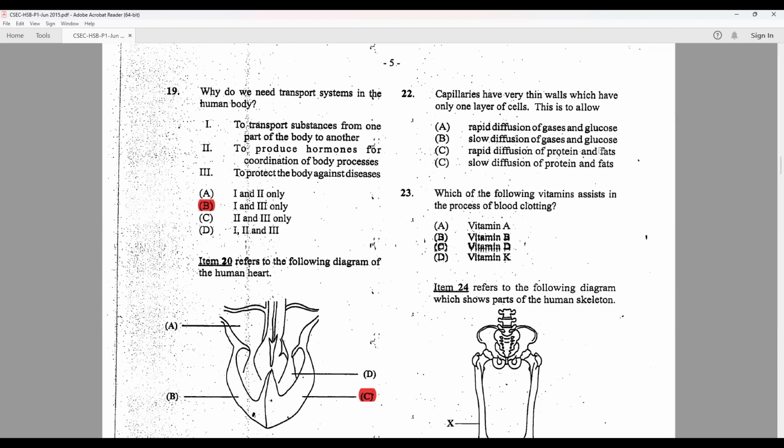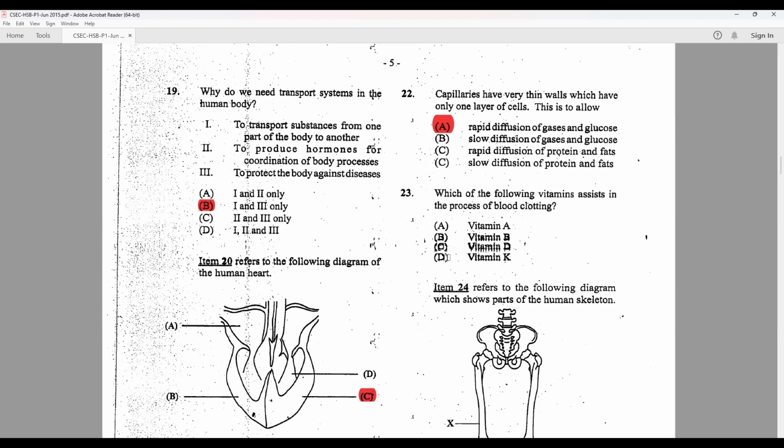Fatty acids and glycerol is how fat is broken down, and protein is broken down into amino acids. So these two, C and D, this is a mistake in the paper to have two C's, but nevertheless, both of them are wrong, and we are going with rapid diffusion.